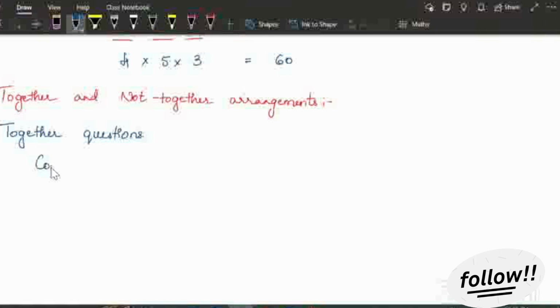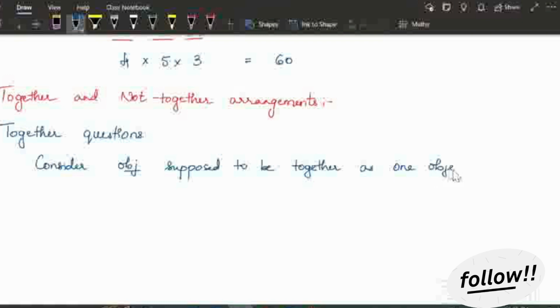So consider objects that are supposed to be together as one object or as one unit. Whenever you are rearranging, you are taking that entire unit and rearranging.